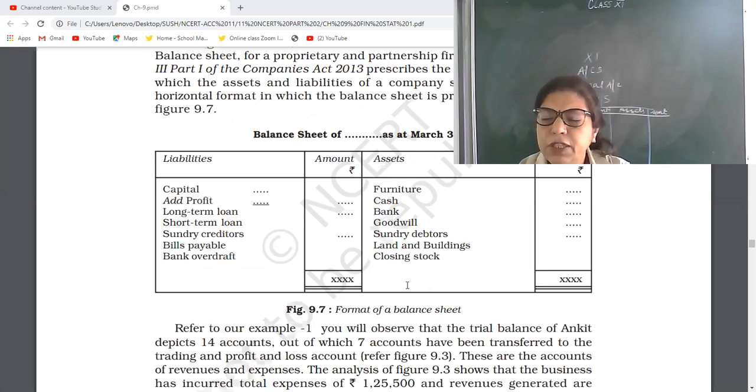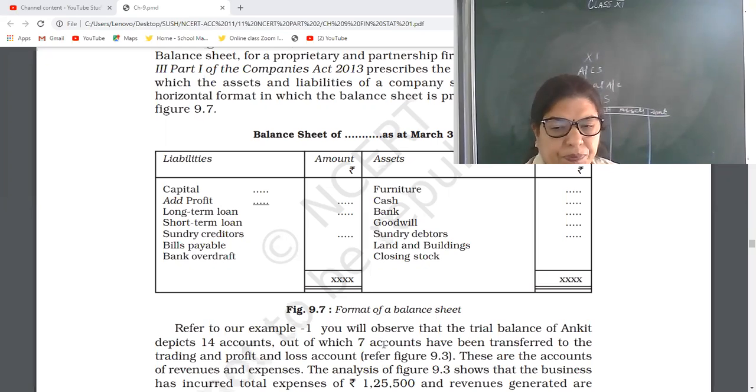Bank overdraft is the facility given by the bank to the current account holders so that they can withdraw more than their deposits up to a limit. Now come to the asset. Furniture, cash, land, goodwill, patent, copyright, debtors, bills receivable, combined they are known as trade receivables, land and building, plant and machinery, closing stock.